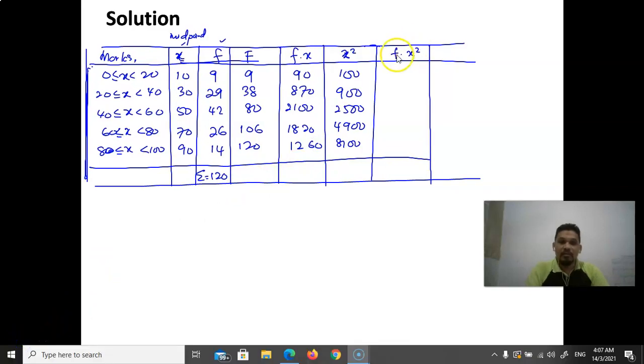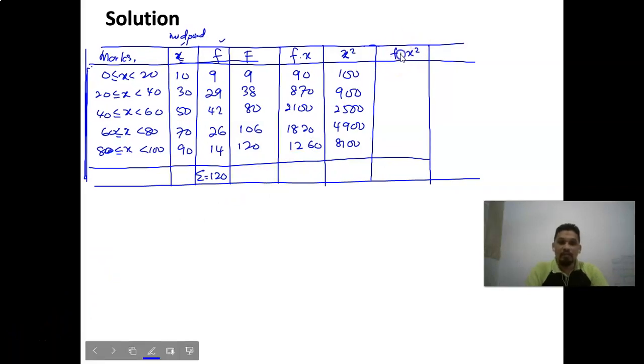Now we get a column for f multiplied with x squared. There is a column of f and a column of x squared. So 9 times 100 equals 900.